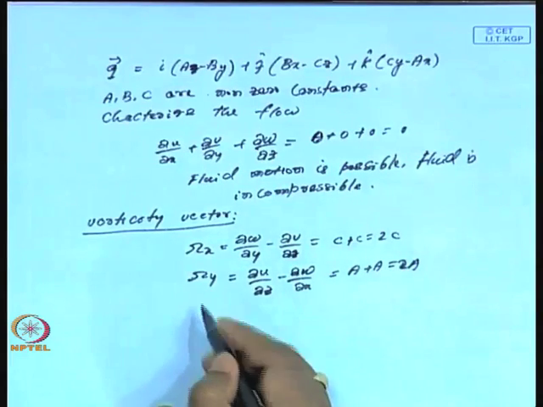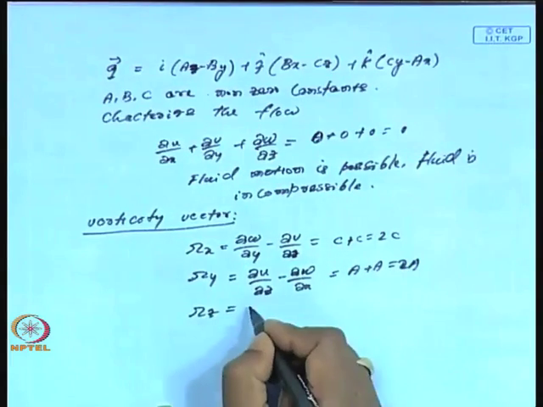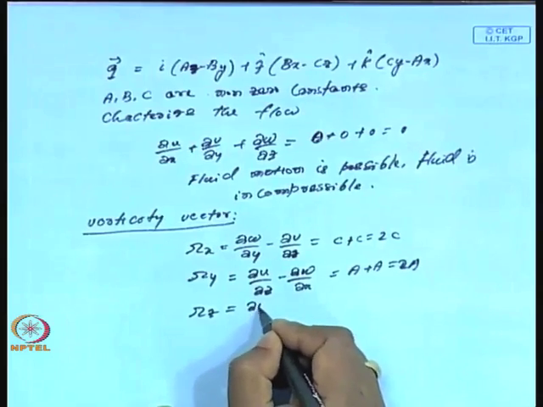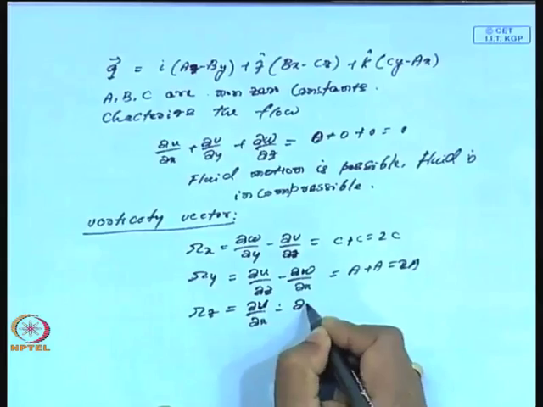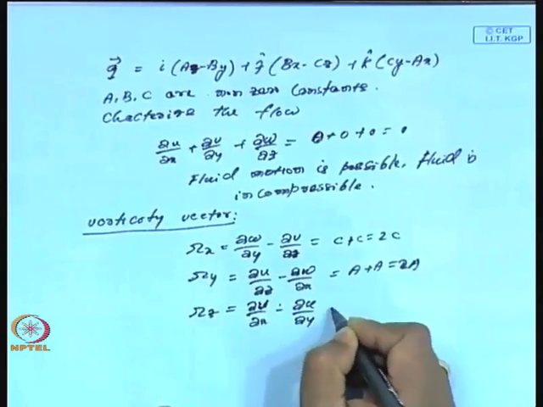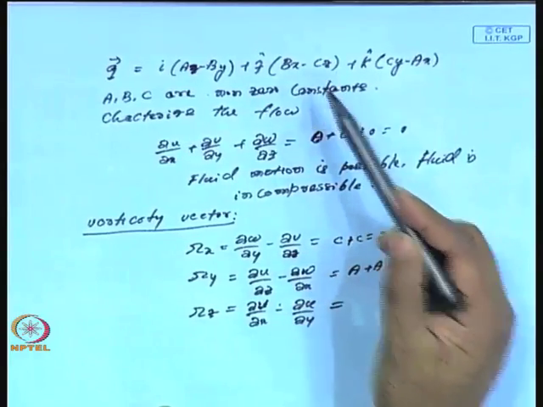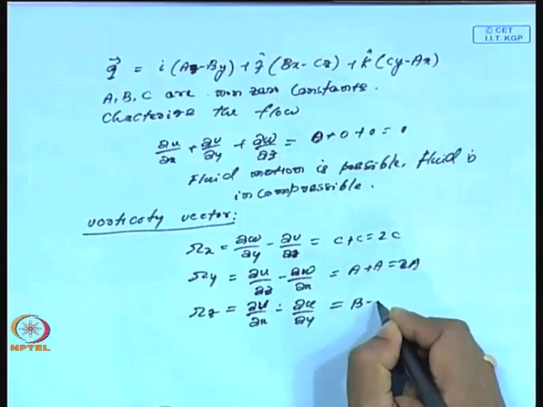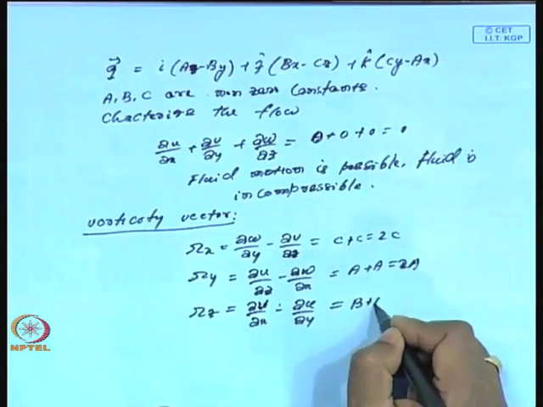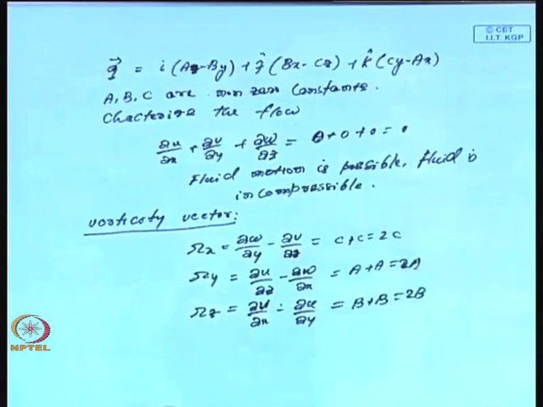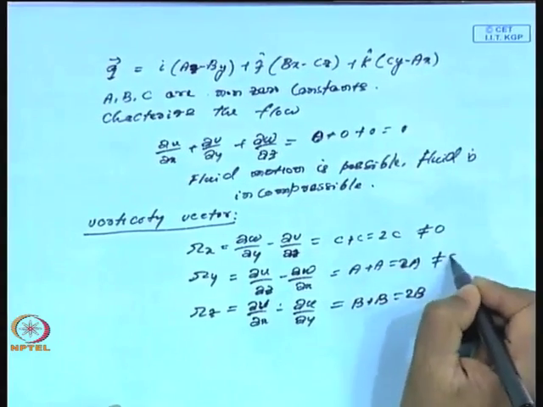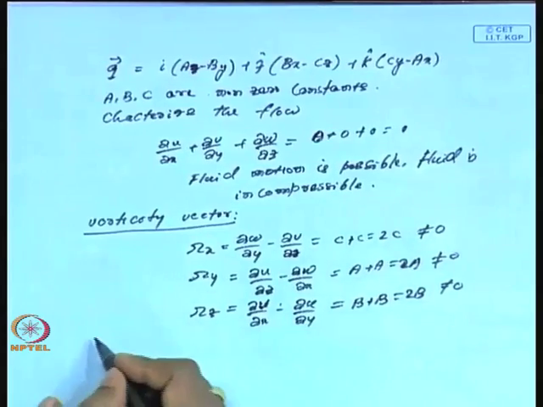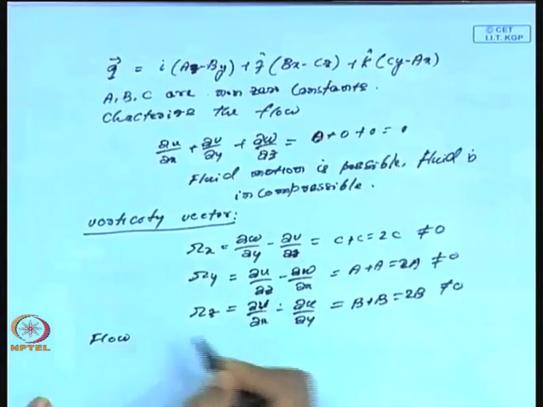Similarly, omega z is equal to del v by del x minus del u by del y. You have del v by del x is b, minus minus b, that is plus b, that is 2 b. So, since omega x, omega y, omega z are not equal to 0, the flow is rotational.